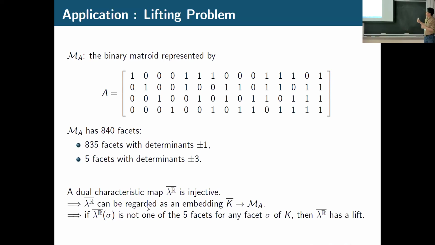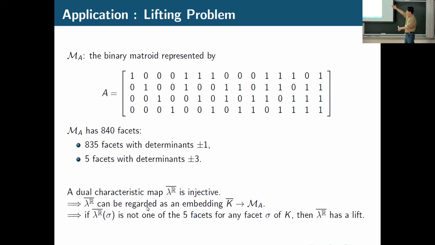Let us consider the binary matroid represented by all non-zero vectors of Z_2^4. Then there must be 15 vectors. Then the binary matroid has 840 facets.